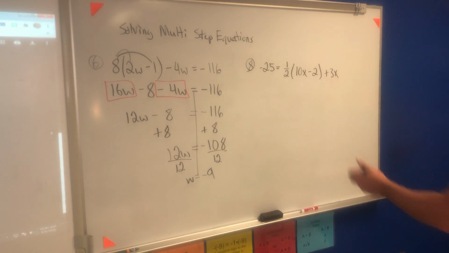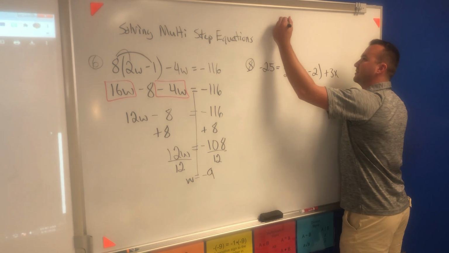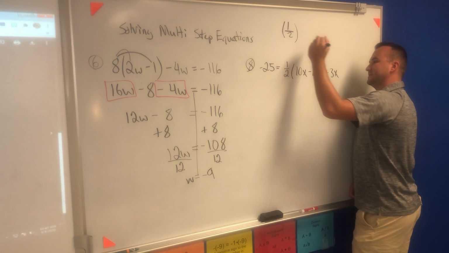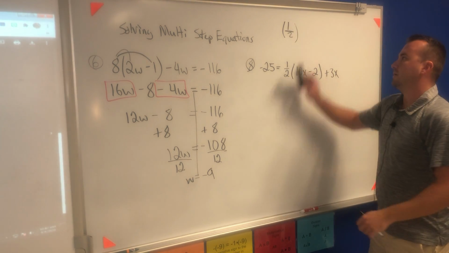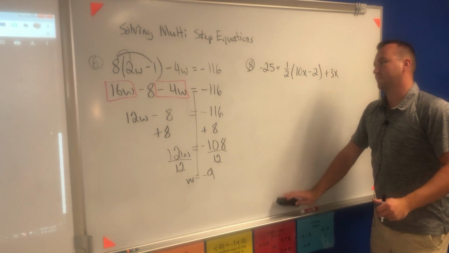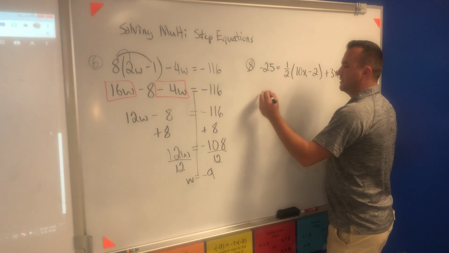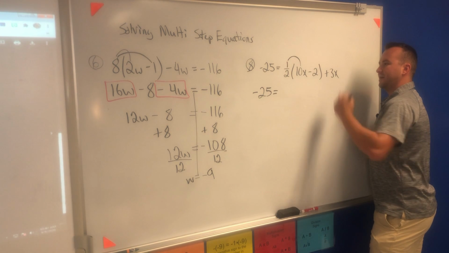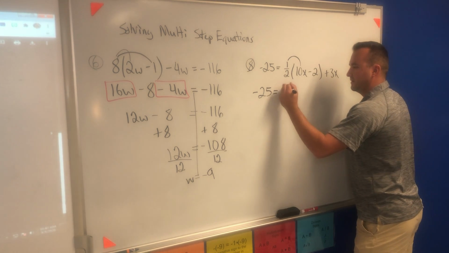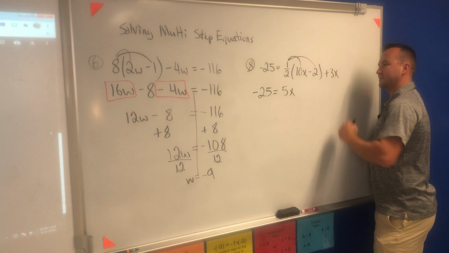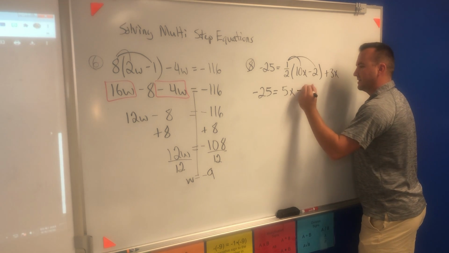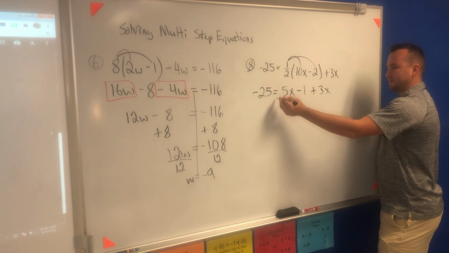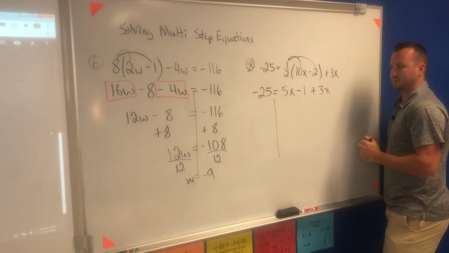So if my fraction is 1/2, I would put parentheses 1 divided by 2, parenthesis, and then whatever you're multiplying it by, okay? So this one, we distribute. 1/2 times 10x would be 5x. 1/2 times negative 2 is a negative 1. Plus 3x at the end because it doesn't get distributed.